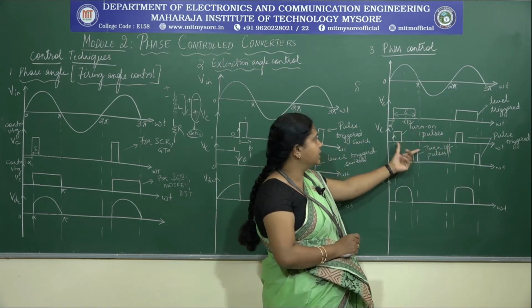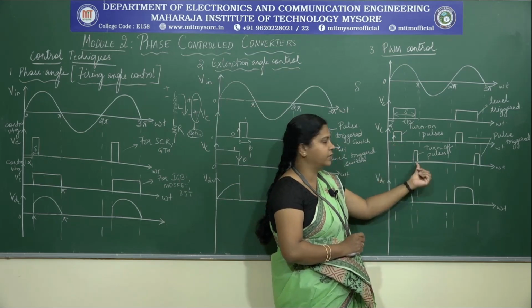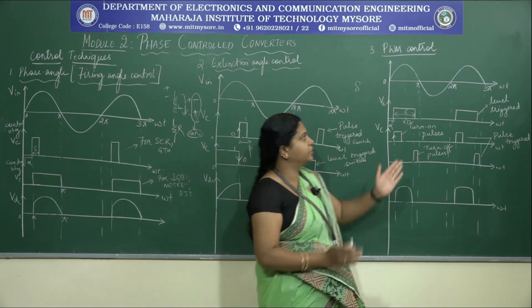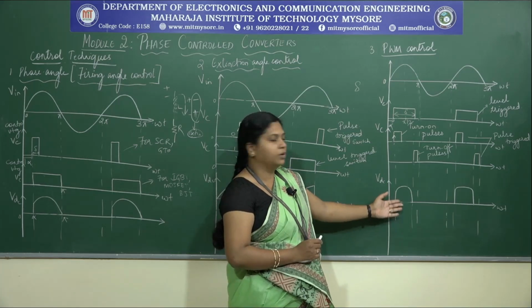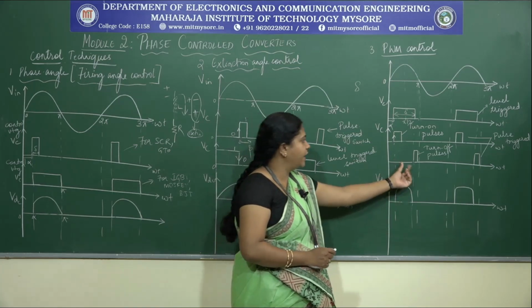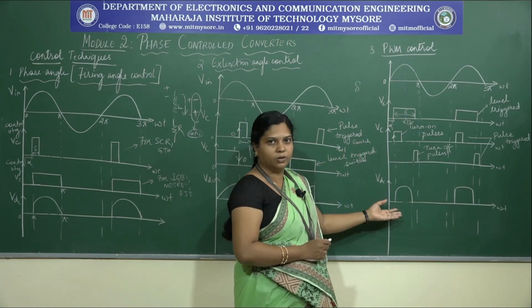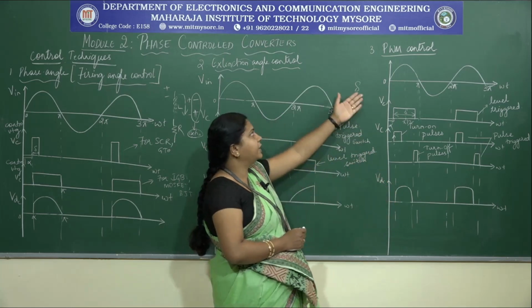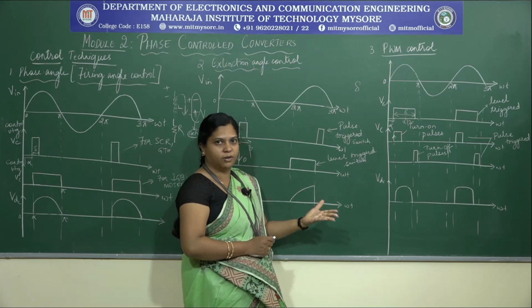Depending on when you give the turn on and when you give the turn off, the width of the output voltage will vary. Varying these values, you can achieve control over the output voltage, and this is how, using the PWM technique, you achieve the output controlling.